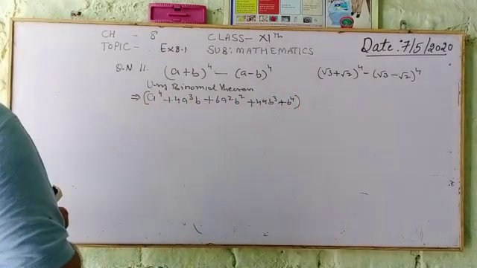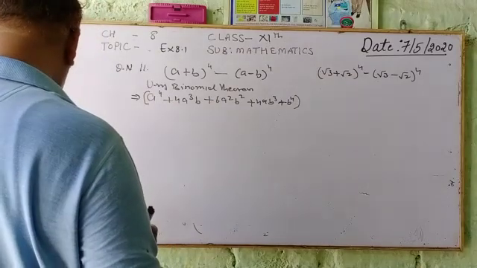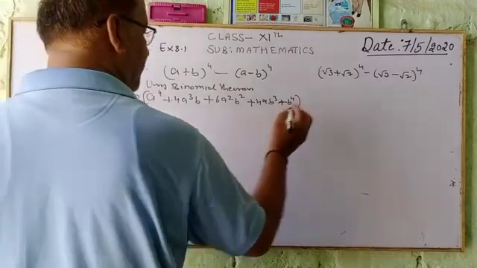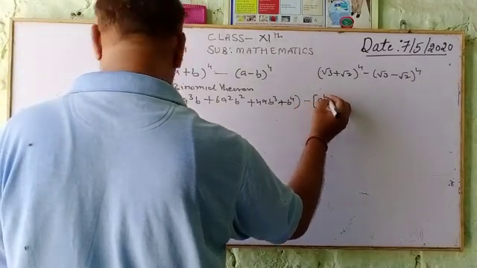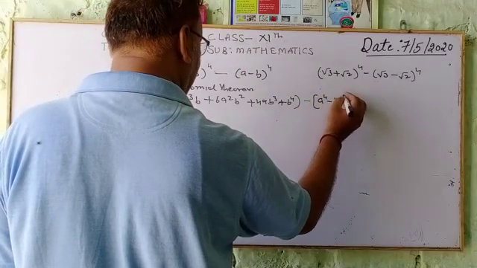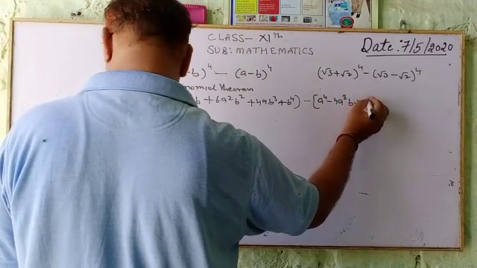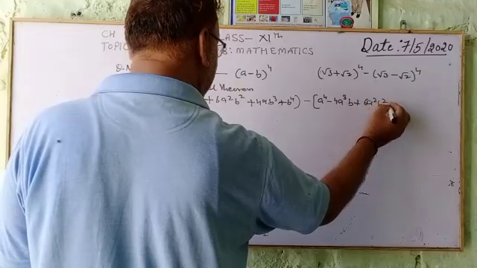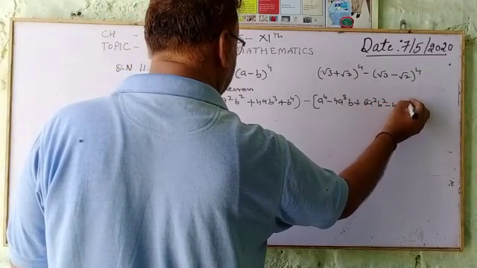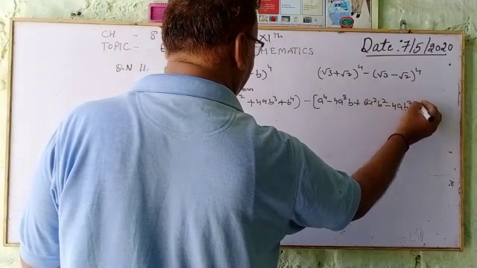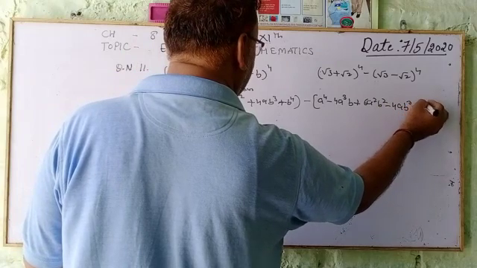And also we get (a minus b) raised to power 4 as a raised to power 4 minus 4a cubed b plus 6a squared b squared minus 4ab cubed plus b raised to power 4.